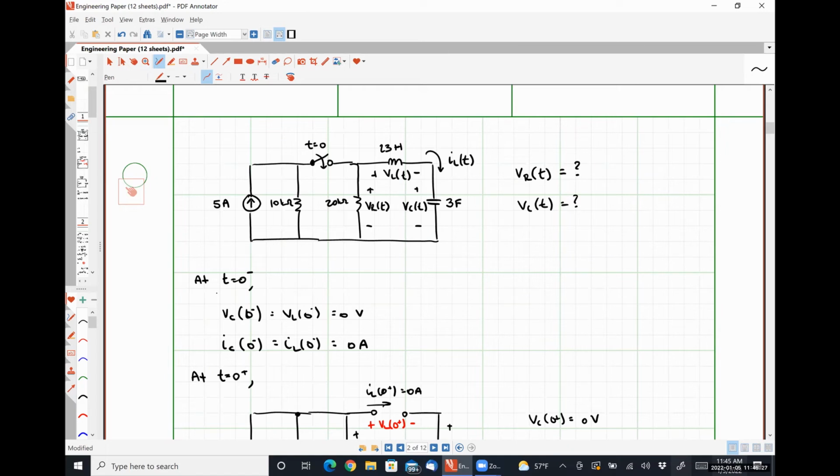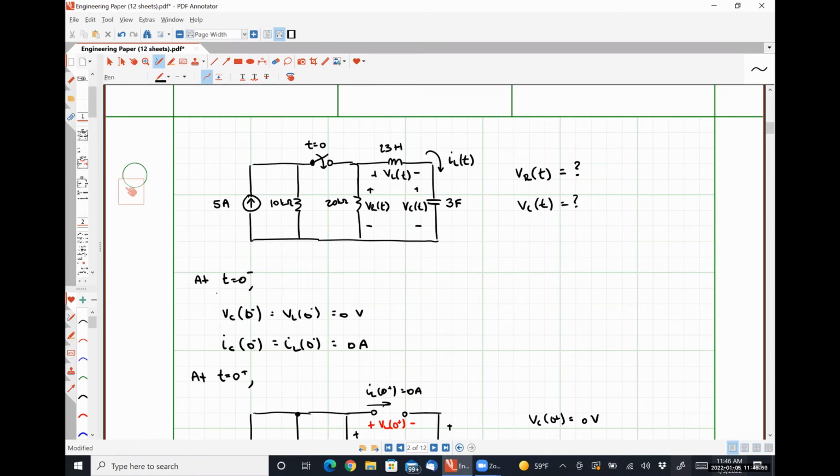We have to know what the capacitor voltage is or the inductor current is to figure out what's going on with the resistor. Kirchhoff's current law is going to force whatever's happening to the inductor, something similar is going to happen to the resistor. Similarly, Kirchhoff's voltage law is going to force whatever the voltage drop over the capacitor is to be of that general form for the voltage drop over the resistor.